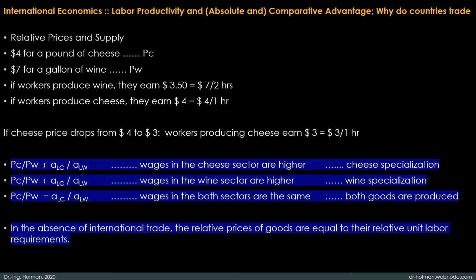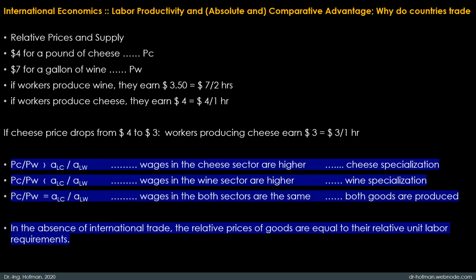We have therefore just derived a crucial proposition about the relationship between prices and production. The economy will specialize in the production of cheese if the relative price of cheese exceeds its opportunity cost in terms of wine. It will specialize in the production of wine if the relative price of cheese is less than its opportunity cost in terms of wine. In the absence of international trade, home would have to produce both goods for itself.